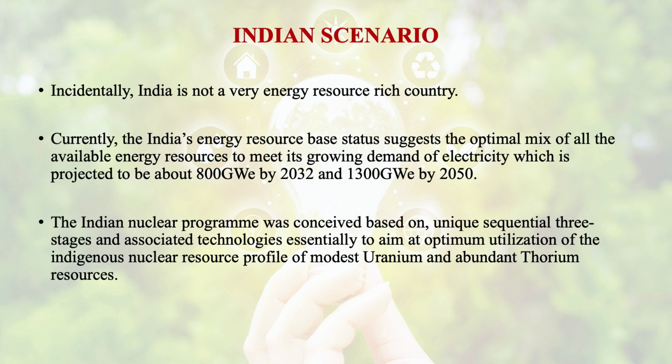The Indian nuclear program was conceived based on a unique sequential three-stage program and associated technologies, essentially aiming at optimum utilization of the indigenous nuclear resource profile of modest uranium and abundant thorium resources.